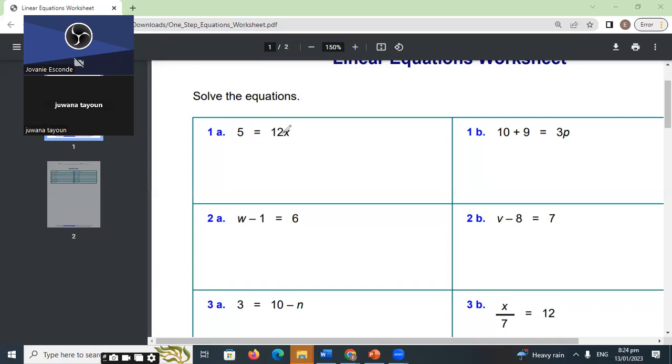And since 12x is the same as 12 times x, what operation shall you use to remove 12 there? You are going to choose among the 4 operations. Do we have to divide? Do we have to multiply? Do we have to subtract? Or do we have to add?